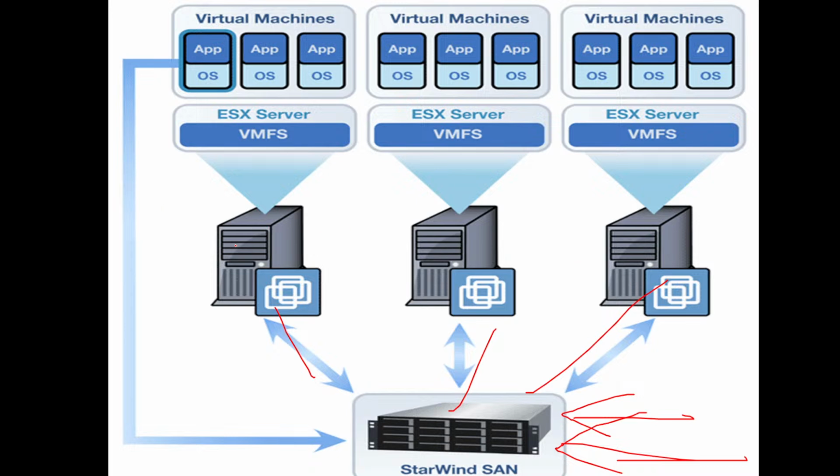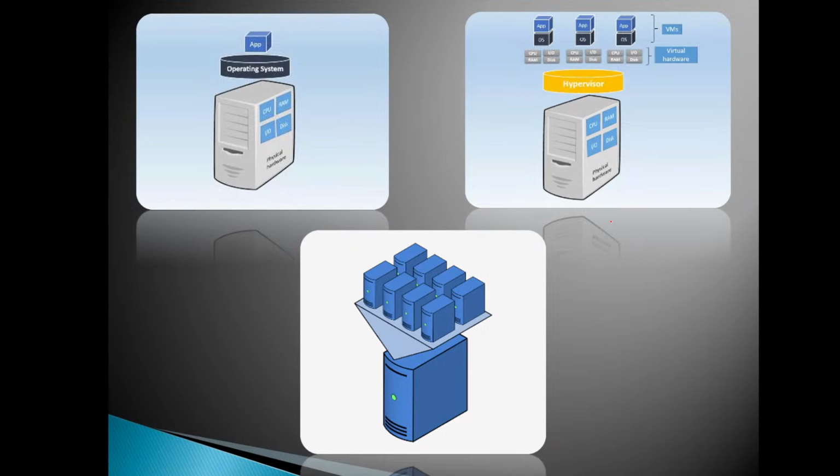On top of that, you can split those physical servers into small virtual machines where you can install your operating system, and after installing the operating system and getting access to the virtual machine, you can install your application. Whatever you want to run, you can do that.